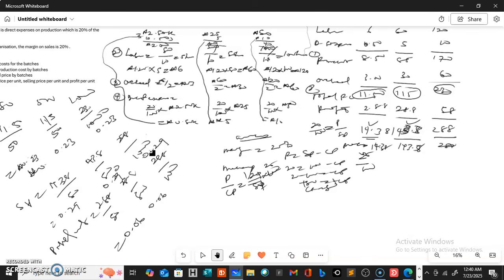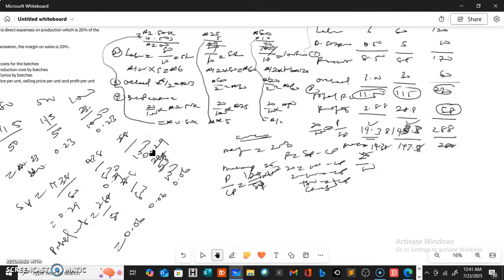The next one is 58 divided by 1000, not 288, please. This is the profit. One has to be very careful when doing the computation so that you don't make mistakes. It is also the same thing, 0.058, approximately 0.06.